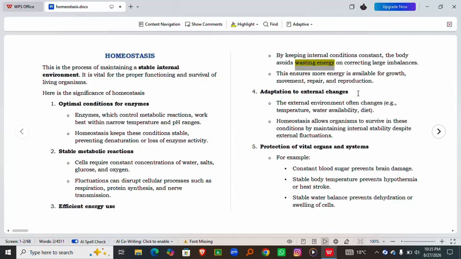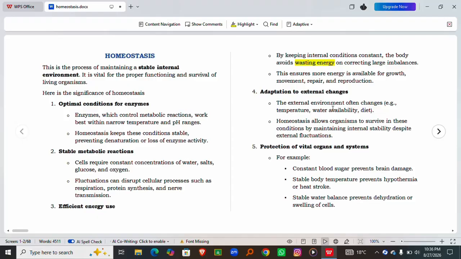If the imbalances in the body are too high, to bring them back to the normal set points, you're going to use a lot of energy. So it's better that these variations are kept within ranges that are very normal, so that we should not have those too high or too low fluctuations that will cause a lot of energy wastage to be corrected.